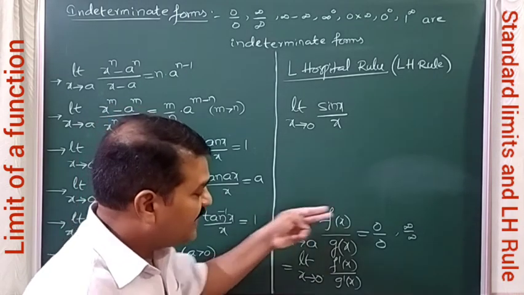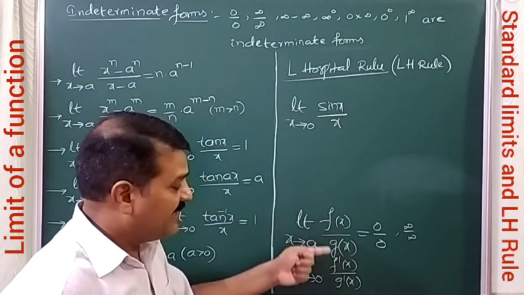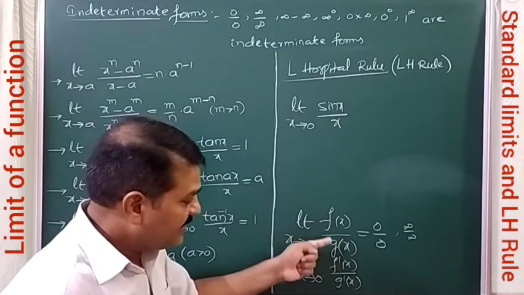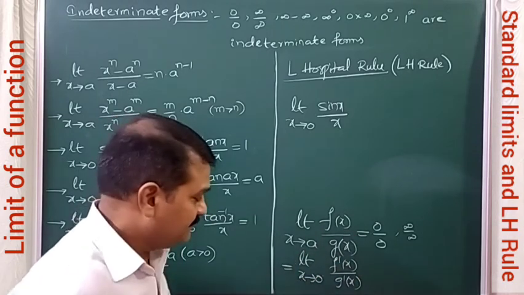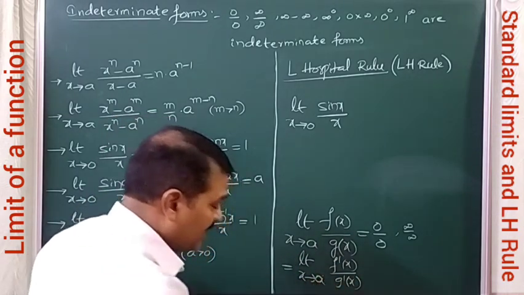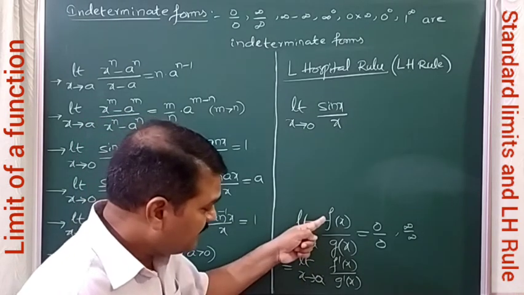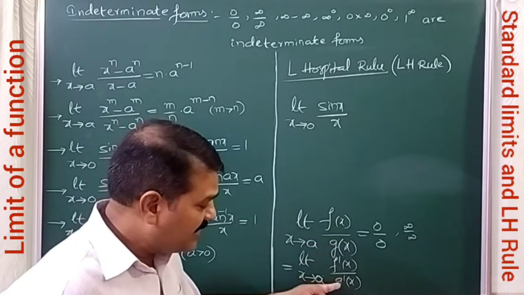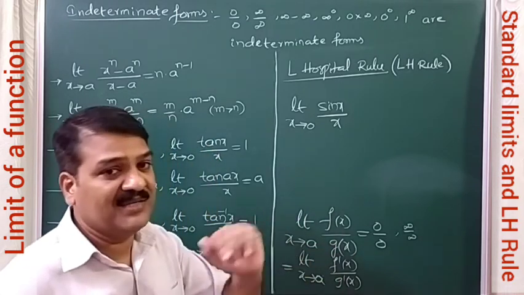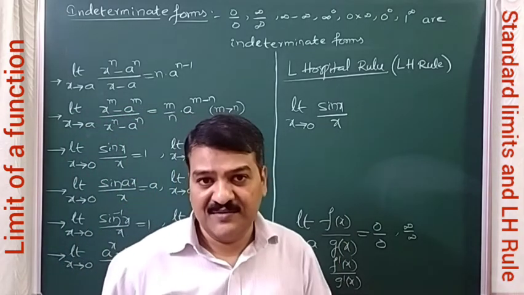So whenever we are getting 0 by 0 or infinity by infinity, write the derivative of the numerator, write the derivative of the denominator, then apply the limit. The limit x tends to a is not going to change. We differentiate the numerator, differentiate the denominator, and after that you apply the limit. Then you will definitely get a determinate form.